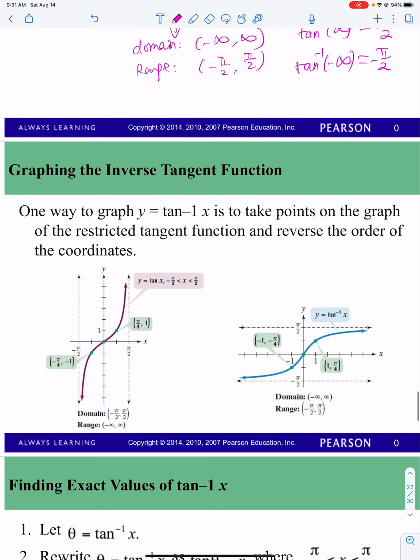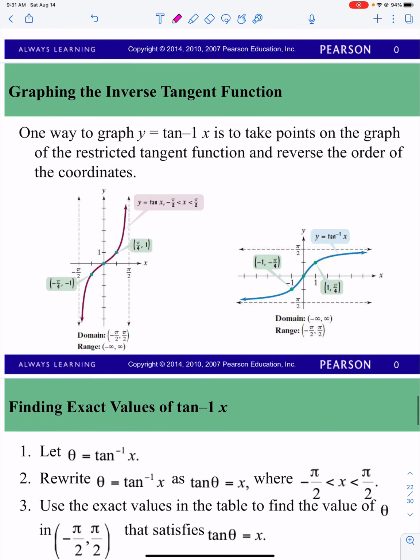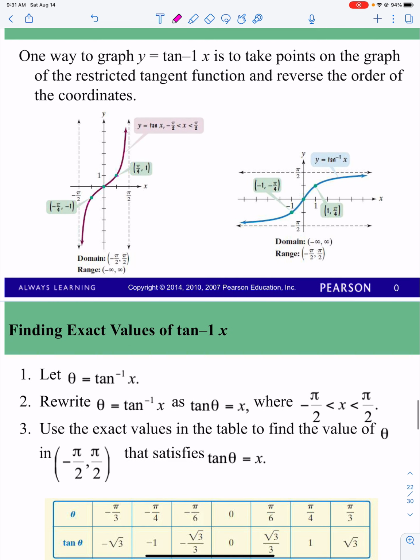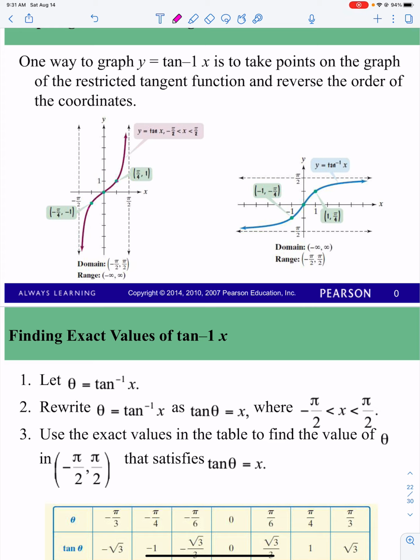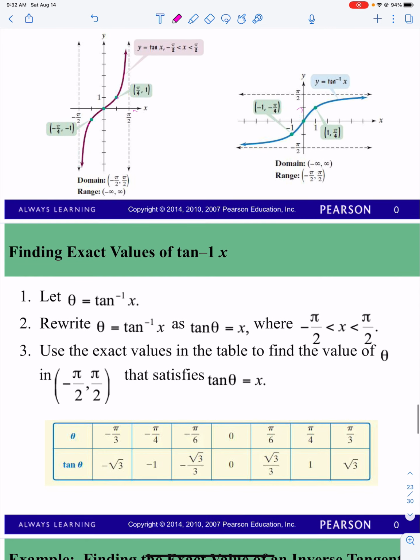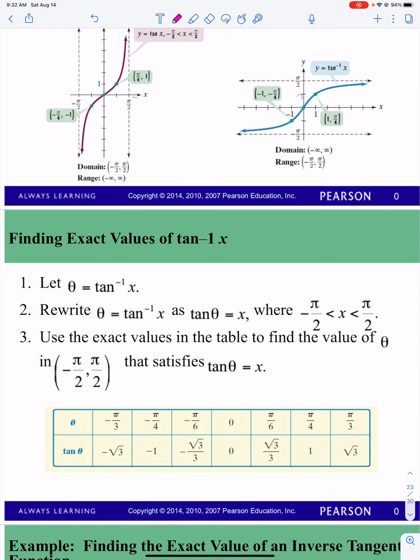You can graph, and you can choose the special values and make the graph here. Okay, so now we want to follow all these things again. For tangent theta, you can use sine and cosine, or you can remember this.